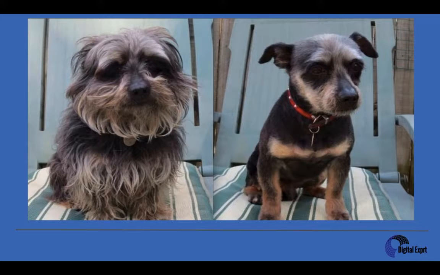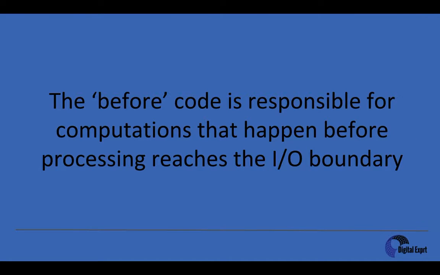The before code would be responsible for any computations that happen before our processing reaches the I/O boundary. If you remember, we mentioned in the previous presentation that so long as our processing is happening in a single location, meaning a particular block of computer memory or RAM, we don't need to worry about issues such as latency, consistency, and shared mutable state.